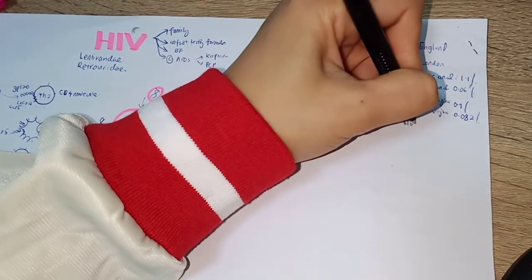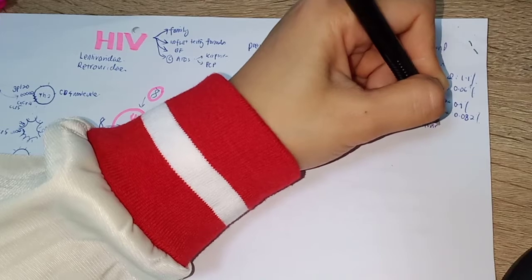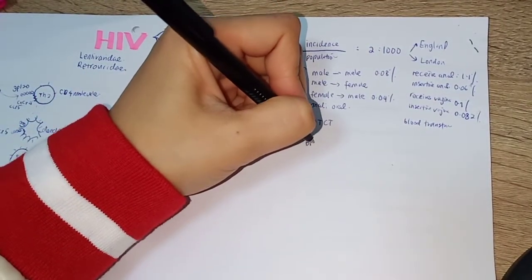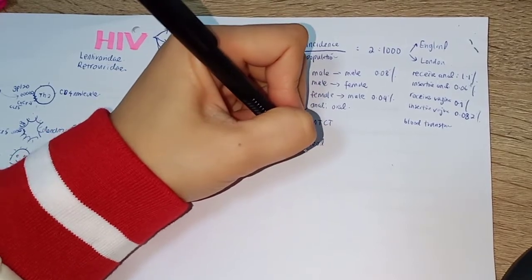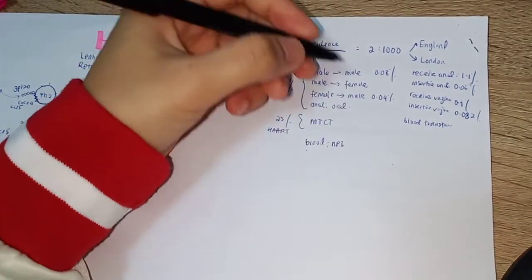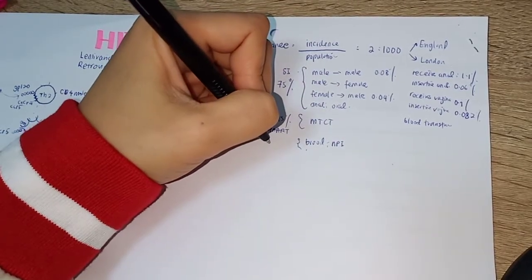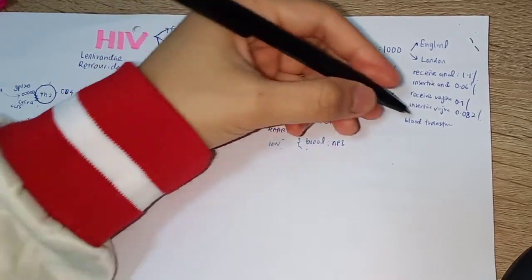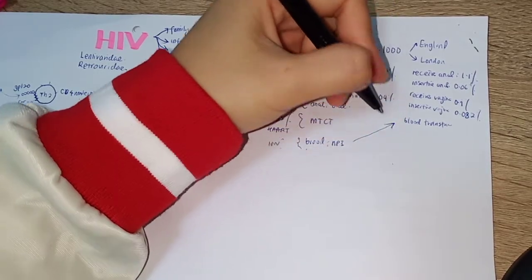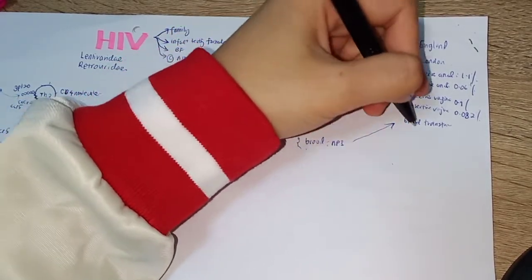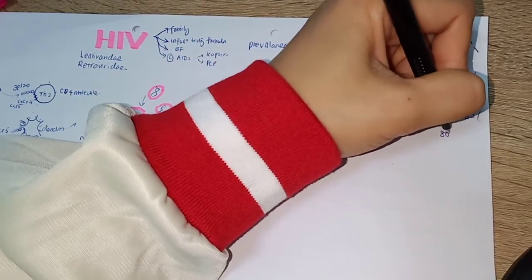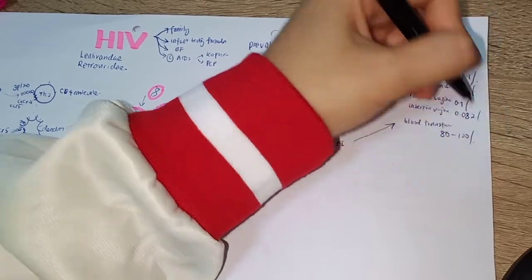Blood transfusions and needle prick injuries account for a very low percentage. But if the patient is transfused with HIV-infected blood, then the risk of transmission is very high, about 80 to 100%.